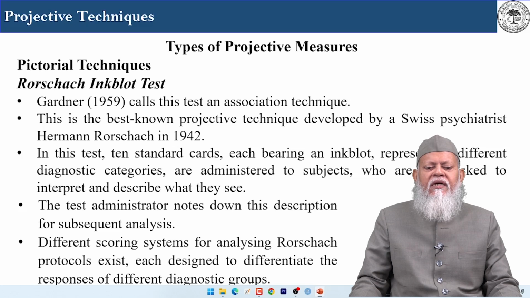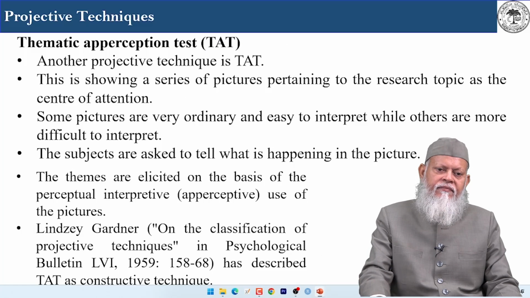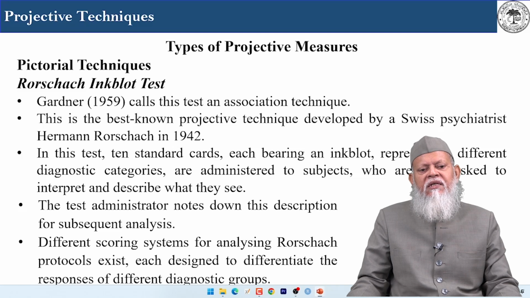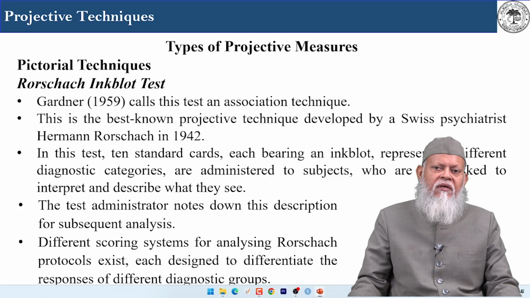Different scoring systems for analyzing Rorschach protocols exist, each designed to differentiate the responses of different diagnostic groups. So, this is a test. And now, if a patient is given 10 cards, how does he interpret? It gives his mental position, his mental status, to the doctors.